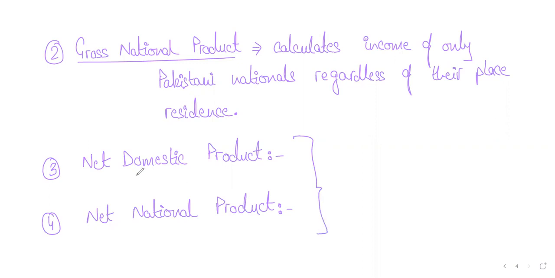So the net measures, net domestic product and net national product, exclude the amount spent on depreciation. Now, is depreciation a new word for you? If it is, I can explain it to you.